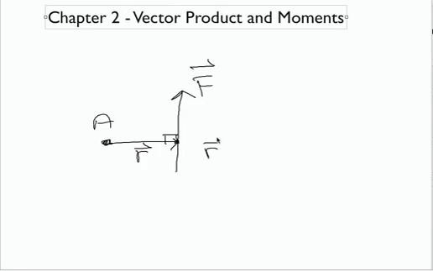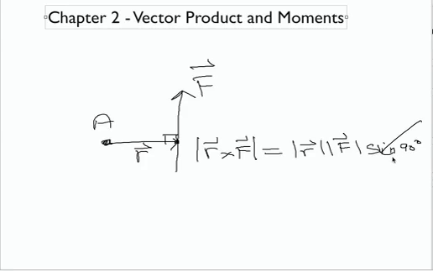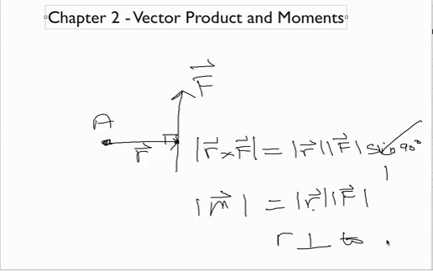So in this case we have R cross F, and the magnitude of this value is given by the magnitude of R times F times sine 90 degrees, which is equal to 1. And so the magnitude of the moment vector is just magnitude R times F, where R is perpendicular to F.